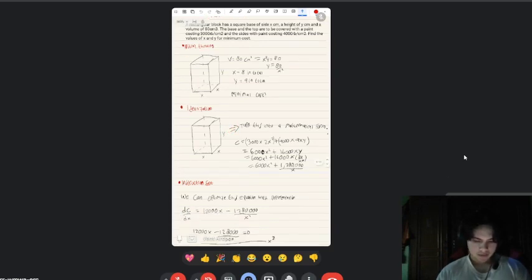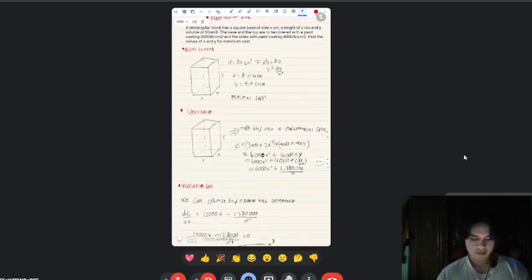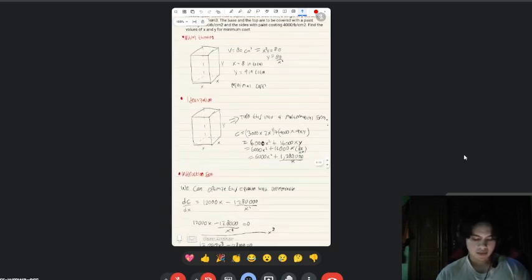So since the x is cost 3,000 per centimeter squared, we can write that as 3,000 times 2x squared, because there's two sides of rectangle in here.